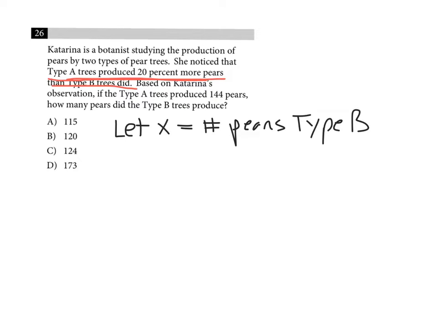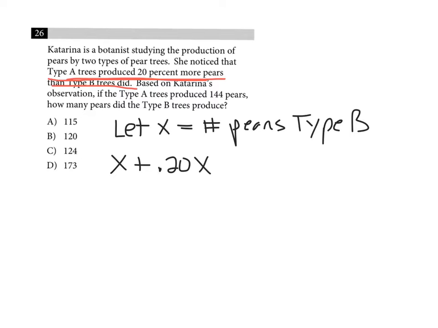Well, if x is the number of pears produced by type B, 20% more means I'm going to take 20%, so 0.20, of x.